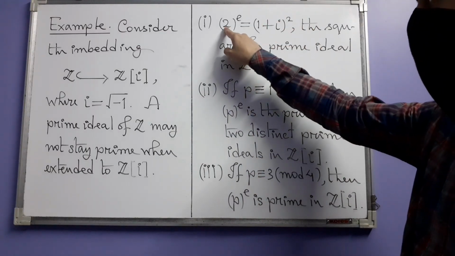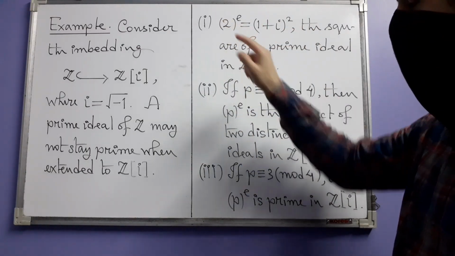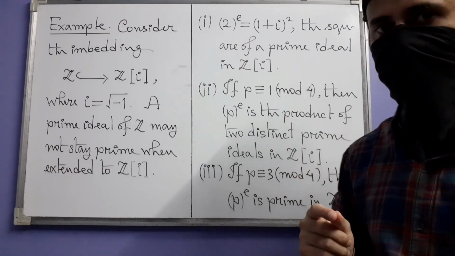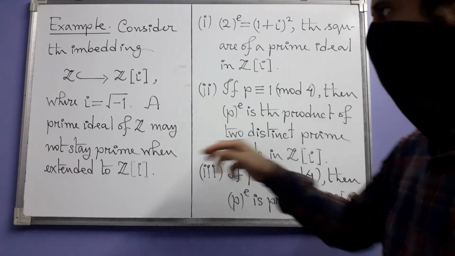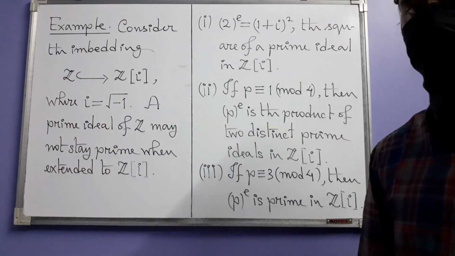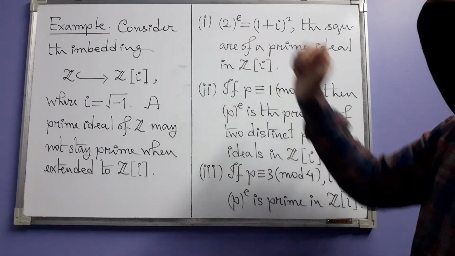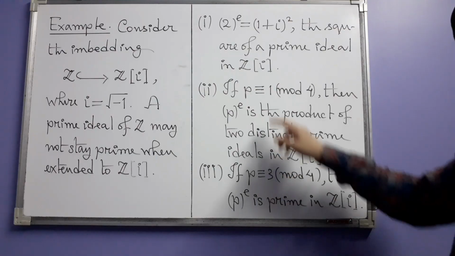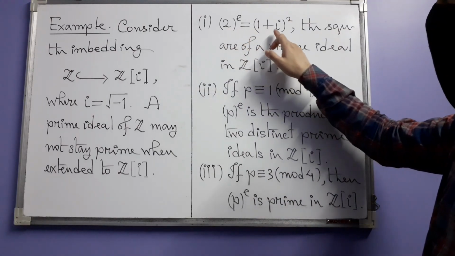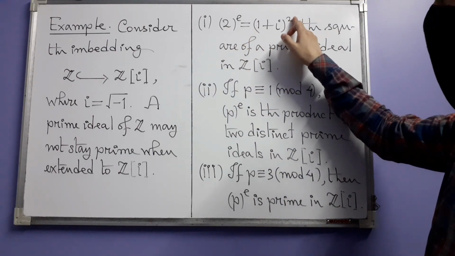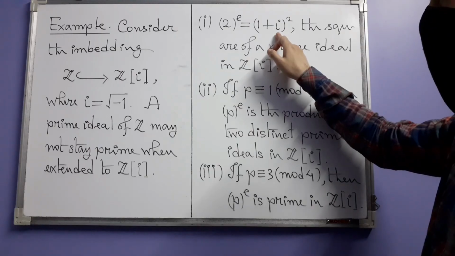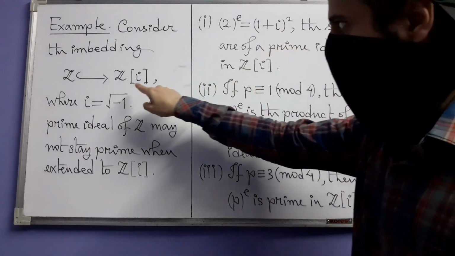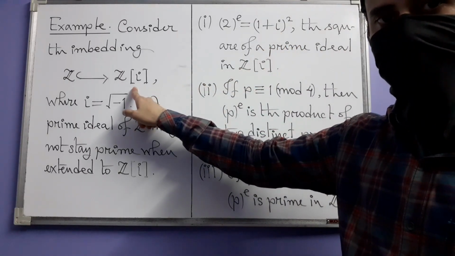The first prime of course is 2. So this 2 within round brackets is the principal ideal generated by 2 in this ring. You know what its extension means in this ring, and that extension turns out to be the square of the principal ideal generated by 1 plus i in the ring of Gaussian integers.